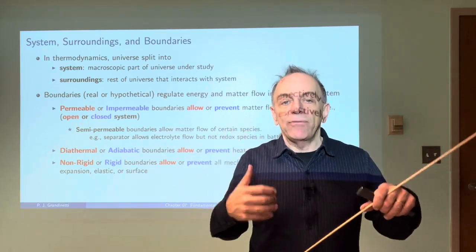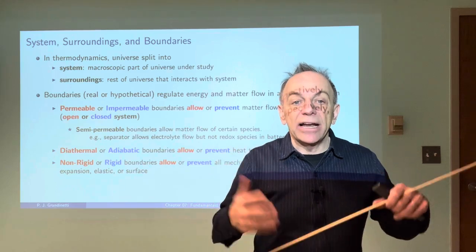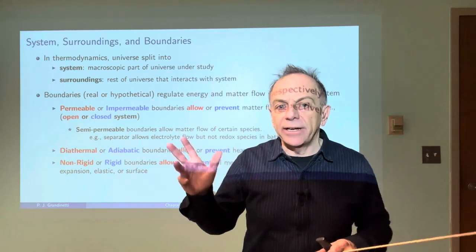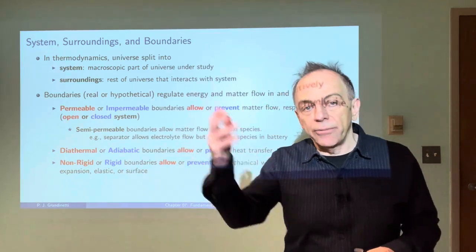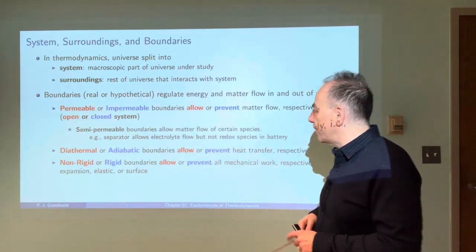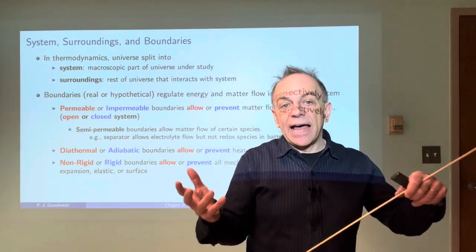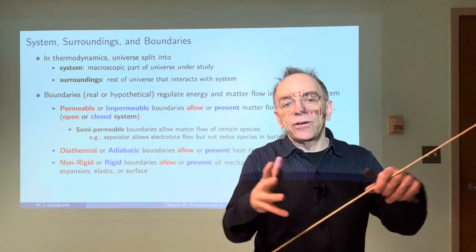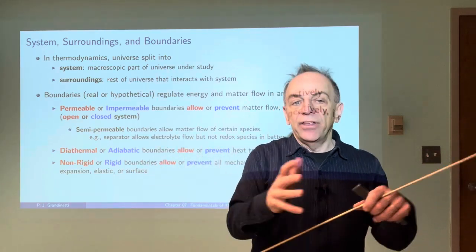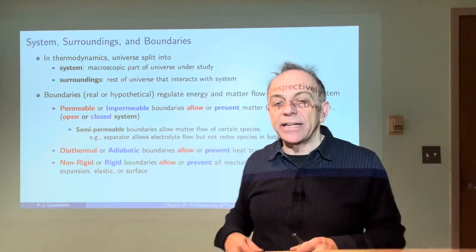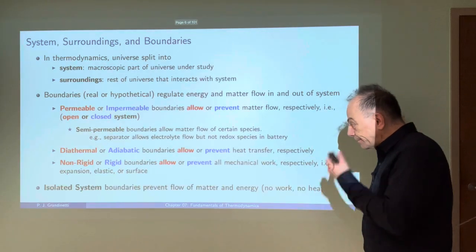That means that when we have that situation, we call that a rigid boundary, and there's no ability to do mechanical work, which we'll come back to in later slides here. So a non-rigid boundary would then allow those possibilities, would allow the system volume to expand or the length or surface area to change and things like that.